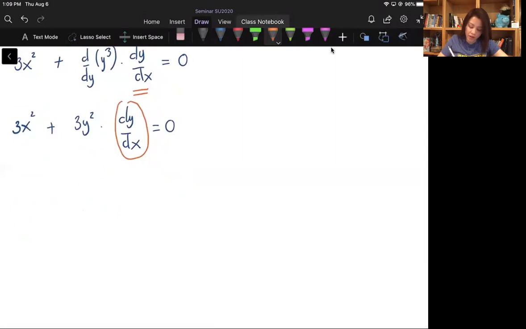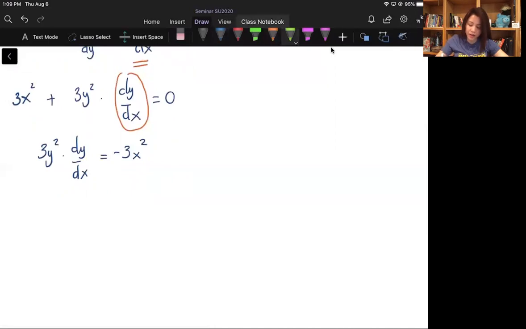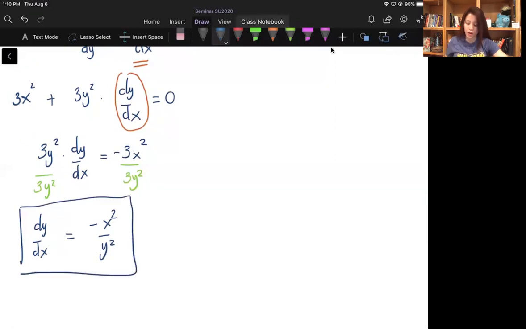Now I have 3y squared times dy/dx equal to negative 3x squared. And now I'm going to divide both sides by 3y squared, so that the left-hand side is just dy/dx, and the right-hand side reduces to negative x squared over y squared. So that's the answer to our first example.